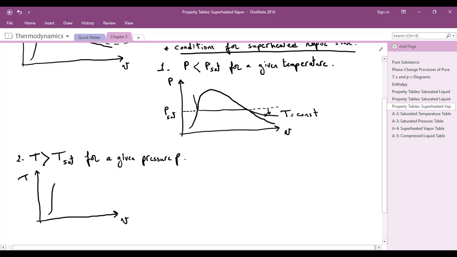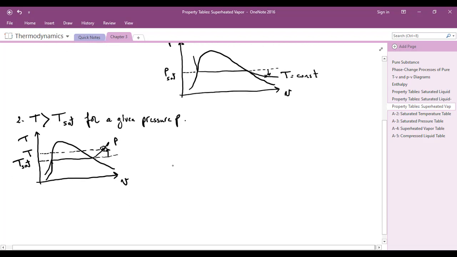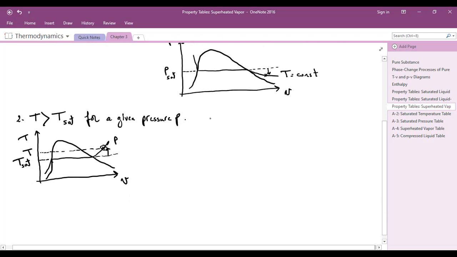If we draw a TV diagram and we draw lines of constant pressure, so this is P, and the temperature during the phase change is the saturation temperature. If we are in this region, we have a temperature that is higher than the saturation temperature. So for T higher than the saturation temperature, the state will be a superheated vapor state.